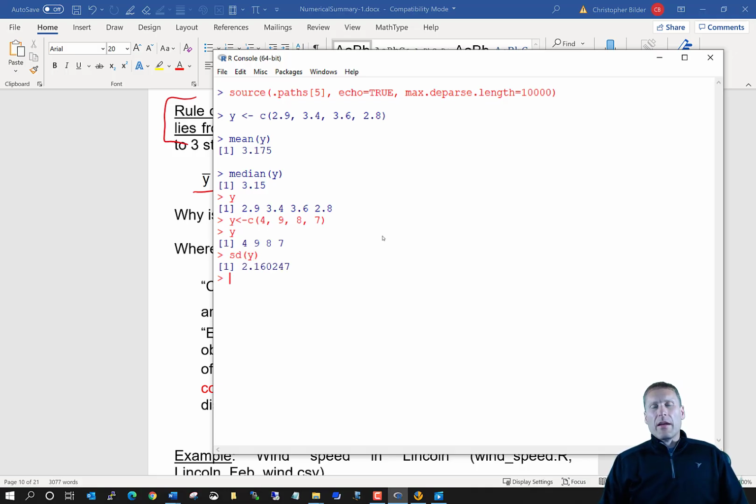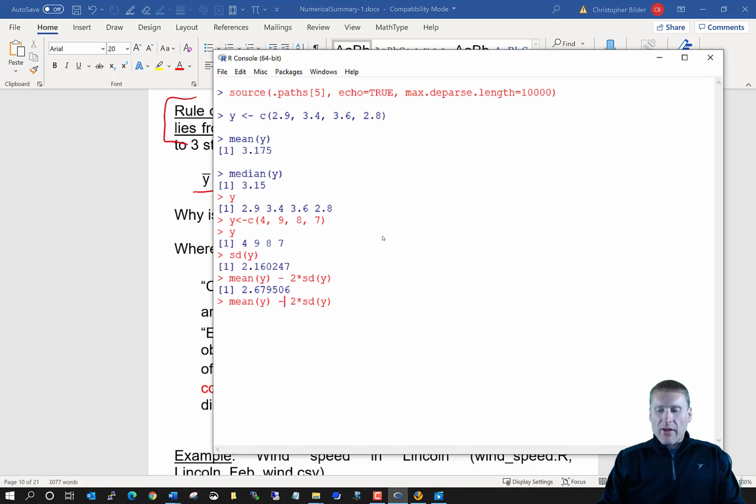Now what the rule of thumb says is if you take the mean of y and subtract off 2 times that standard deviation, you get a lower value that you would expect all your data values to fall within. In this case, about 2.7.